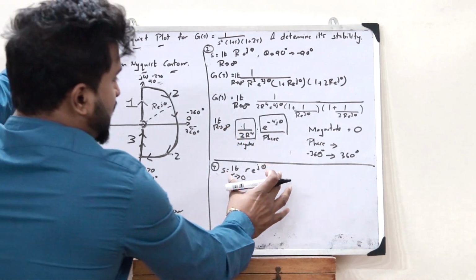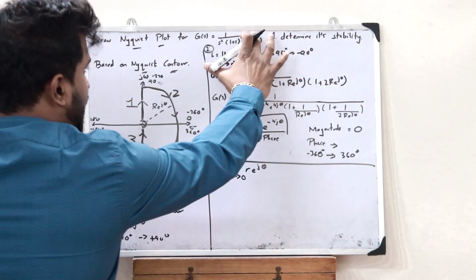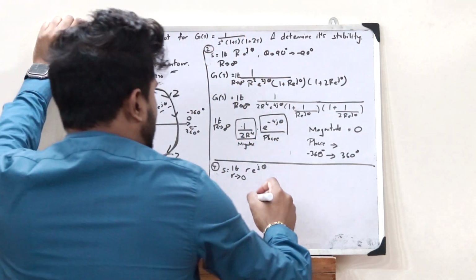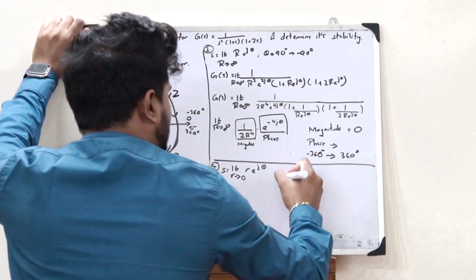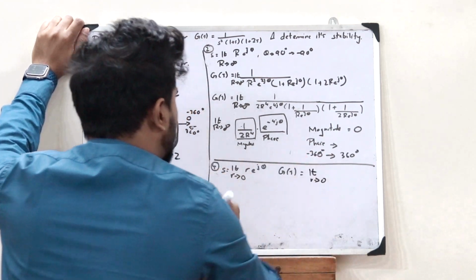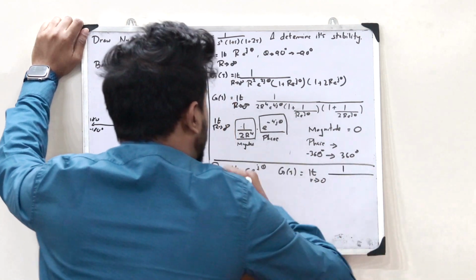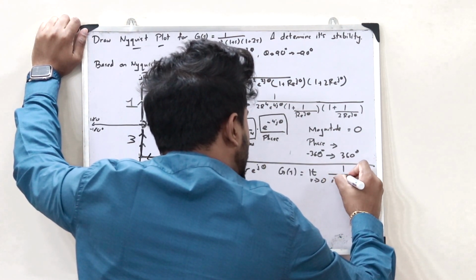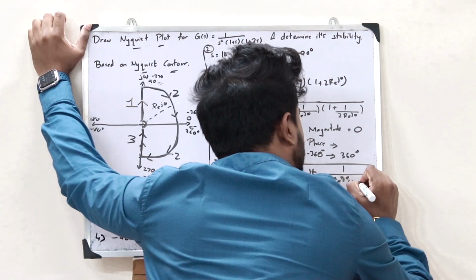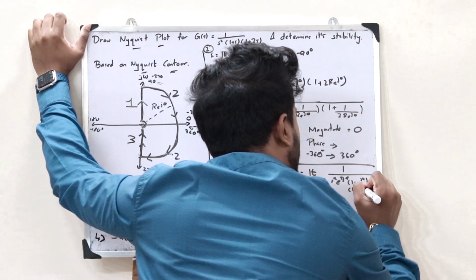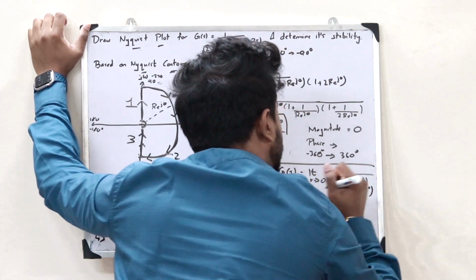Now let us substitute this in the equation. On substituting, we get the open loop transfer function g of s equal to limit small r tends to 0 of 1 divided by s squared, that is r squared into e raised to 2 j theta, into 1 plus r e raised to j theta, into 1 plus 2r e raised to j theta.